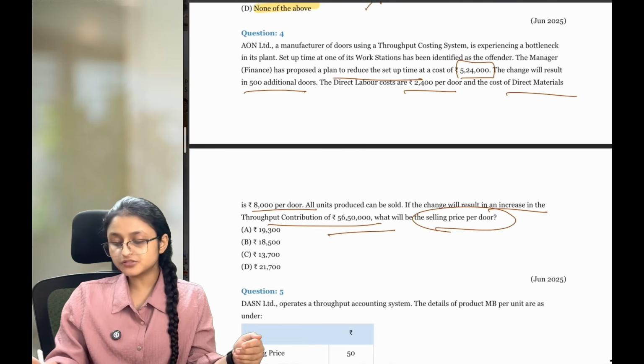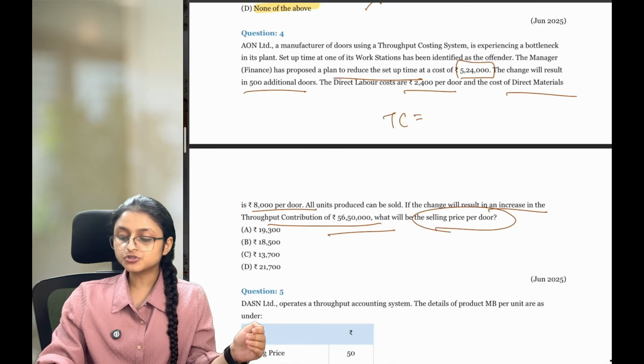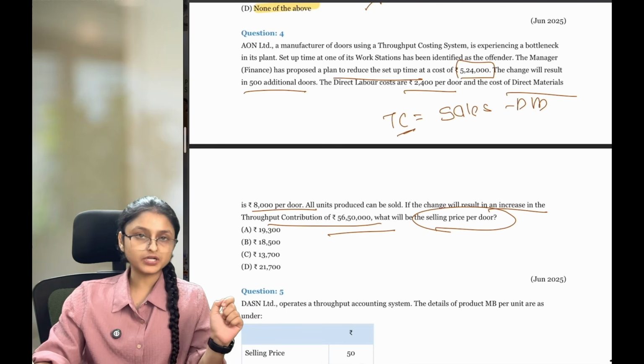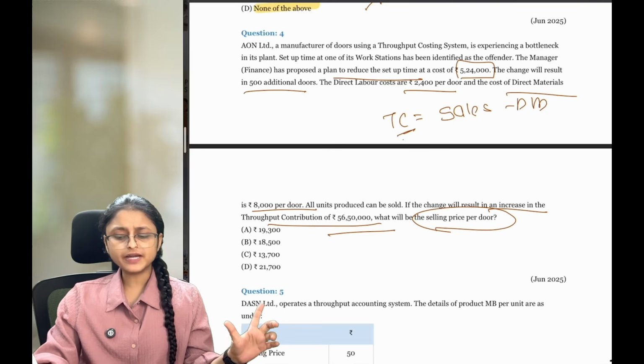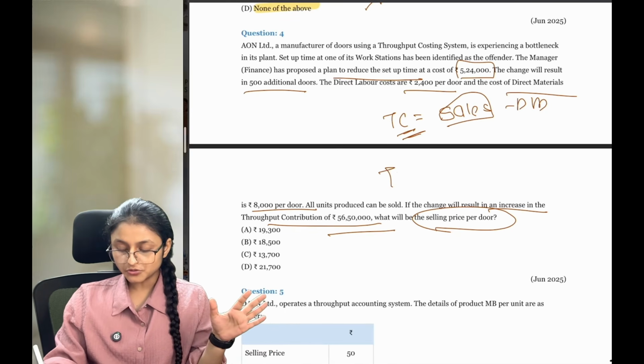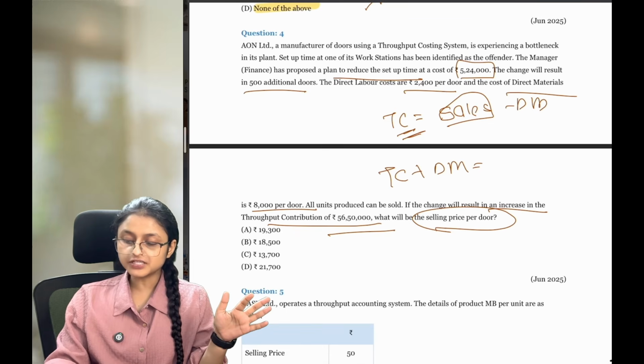So how do we calculate this throughput contribution? Throughput contribution is sales amount minus your direct material. So can I calculate with the help of this throughput contribution what the sales amount is here? Throughput contribution plus direct material will give you the sales amount.